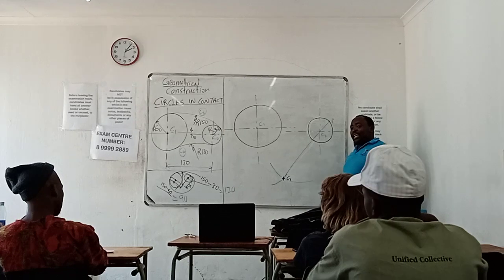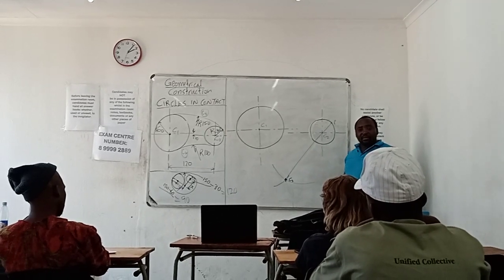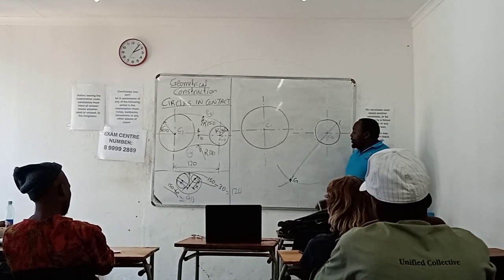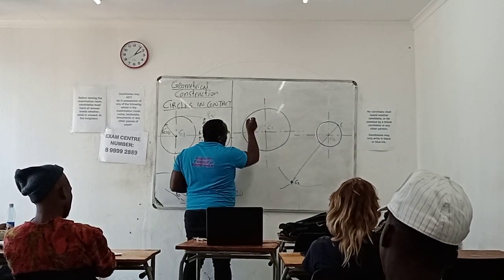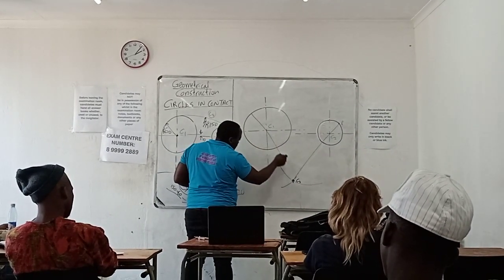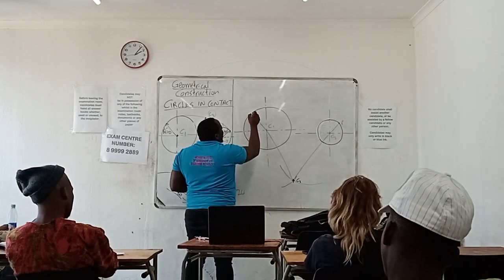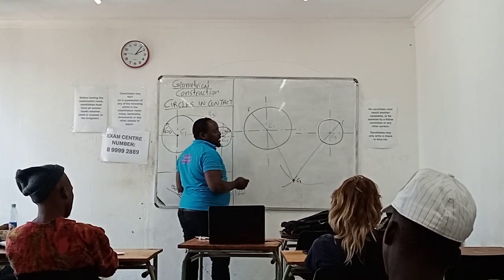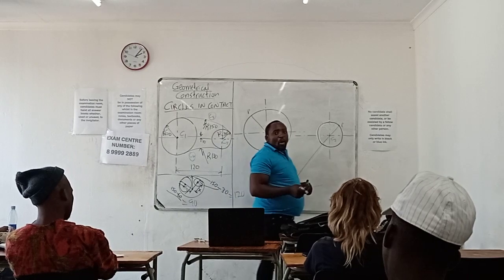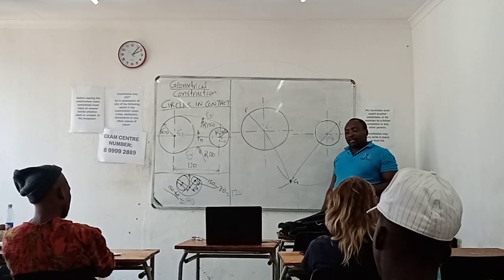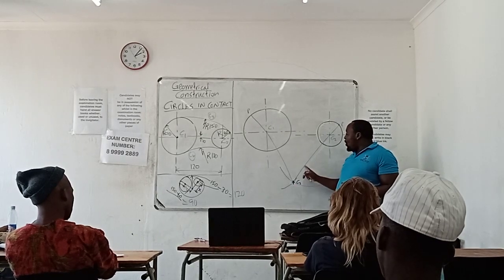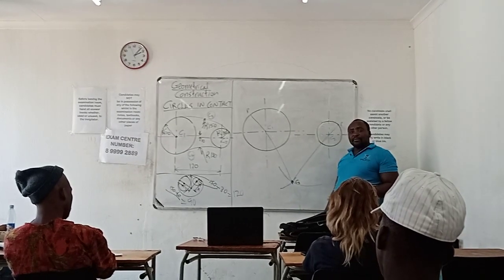Without this line, it means you are not telling me anything. Then you come here, draw a line here. Where it cuts there is your point of contact. Once you show me this and the 2 lines, 2 marks for this, 1 mark for this, 1 mark for this.